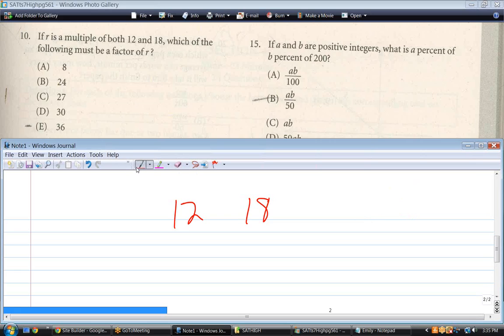Not sure exactly how to solve this algebraically, but we can certainly make progress. What is the first multiple of both 12 and 18? Three. Multiple, not factor. 36.